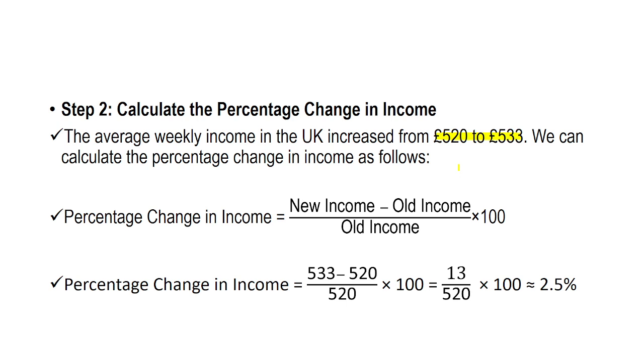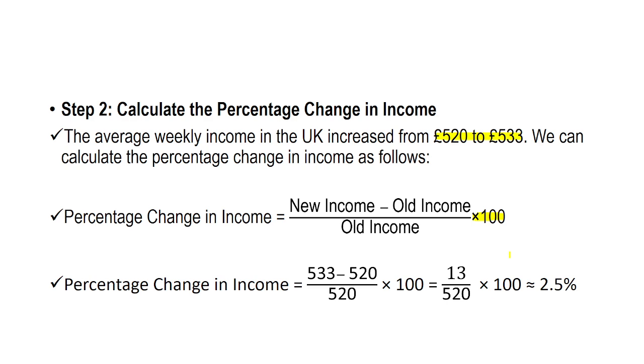We need to remember again the percentage change formula. Percentage change in income equals new income minus old, or original, income, divided by old income. New income minus old income divided by old income, and we never forget the multiplication by 100.